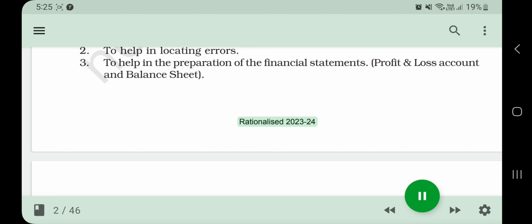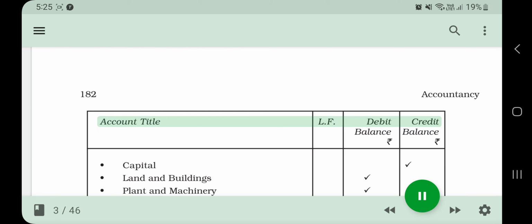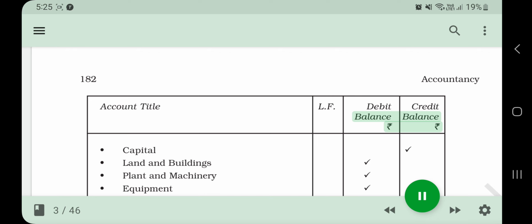182 Accountancy. Account title, LF, Debit, Credit. Balance.